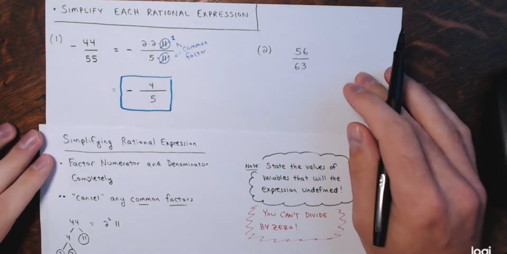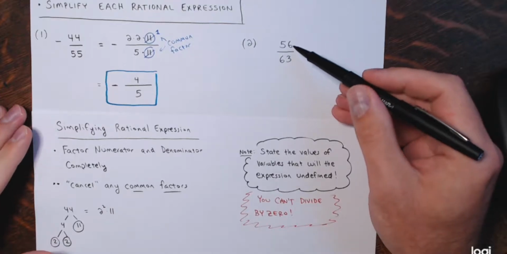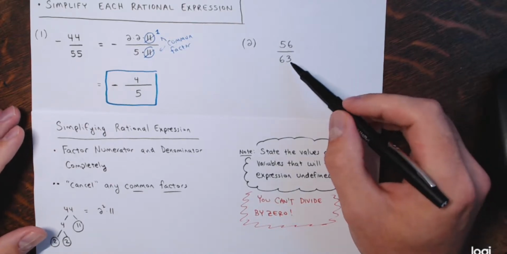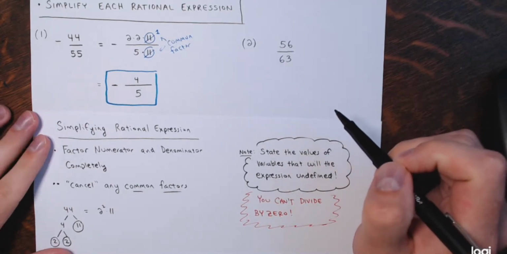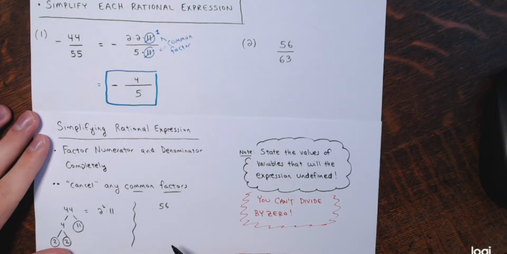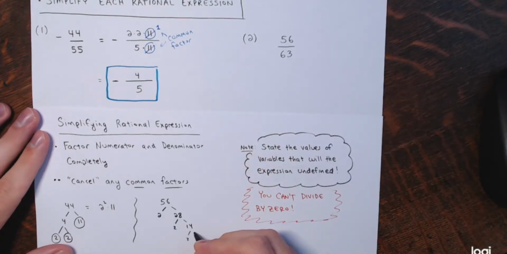Alright, so same thing for example 2. The two polynomials here in the numerator and denominator are just constants, 56 and 63. Again, when we go about factoring things completely, 56 is clearly a multiple of 2, because it ends in 6, and that'd be 2 times 28, and 28's not prime, that's 2 times 14, 14's not prime, that's 2 times 7.